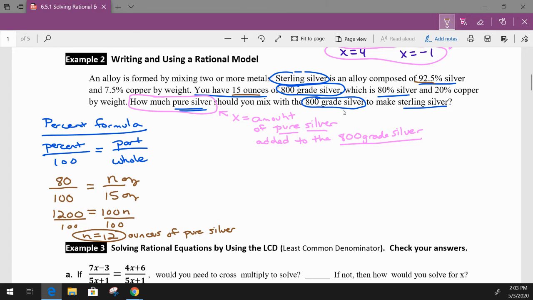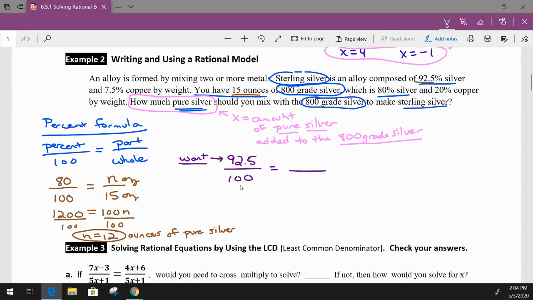Okay, so now let's go back to we're going to do another proportion, but this is what we want. So we want to get 92.5%. So 92.5 out of 100 is the amount of silver that we want.